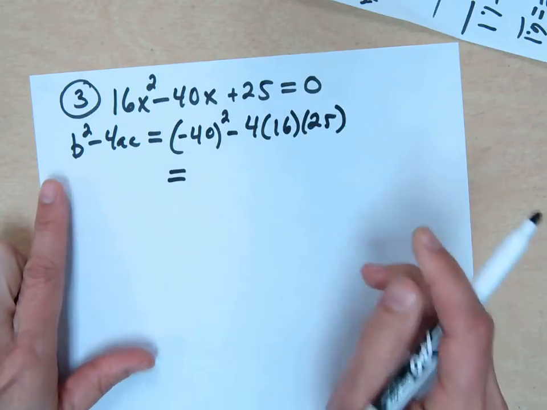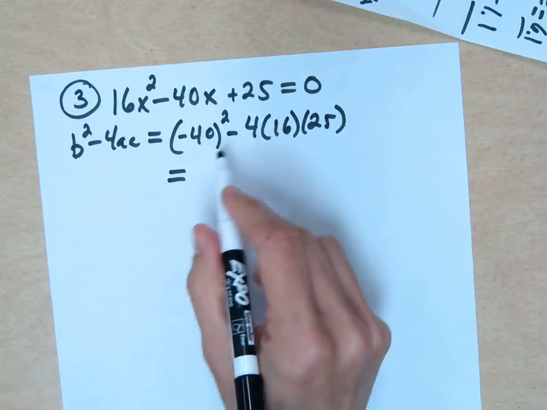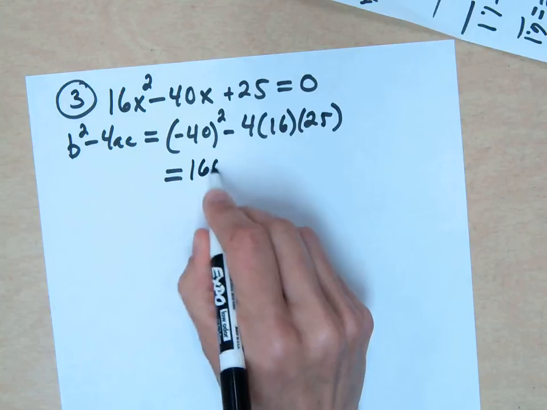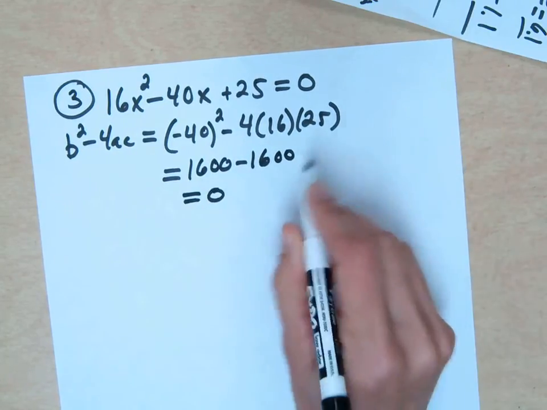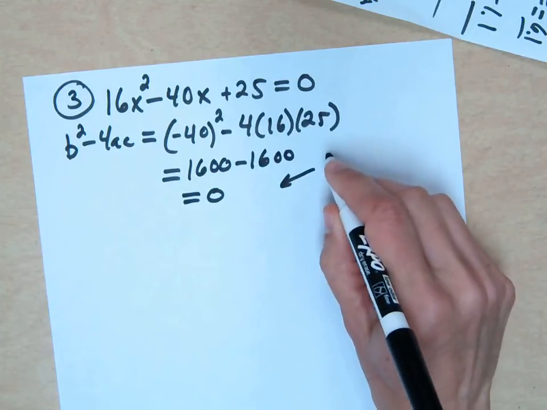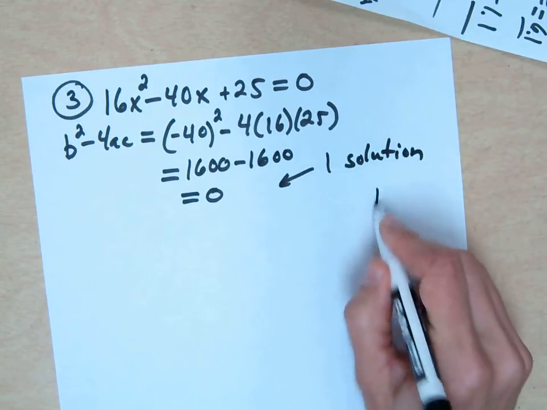So b squared is negative 40 squared minus 4 times a times c. What do you think you're going to get here? Positive. Well, we already did one where we got a positive. Yeah, we're going to get 0 because that's the case I haven't done yet. So this is 1600 minus 1600, or 0.